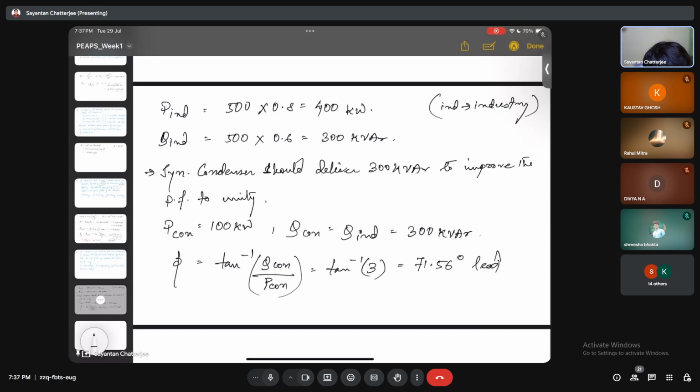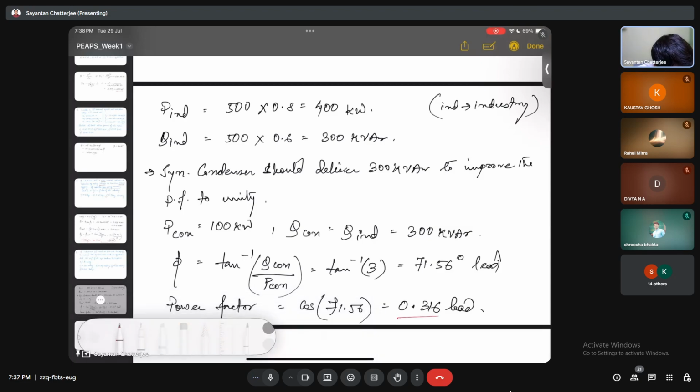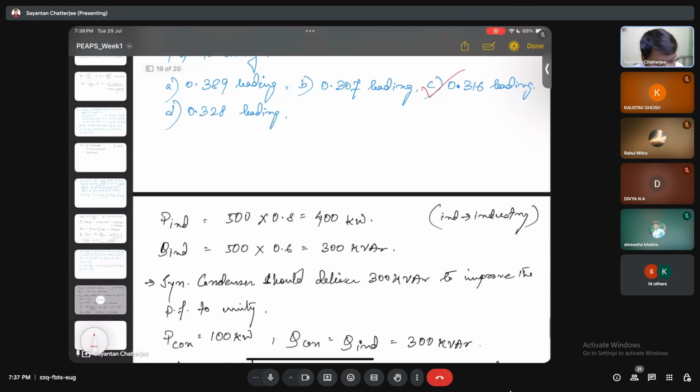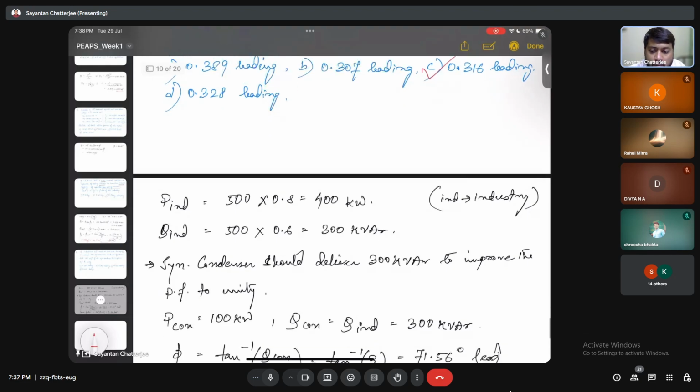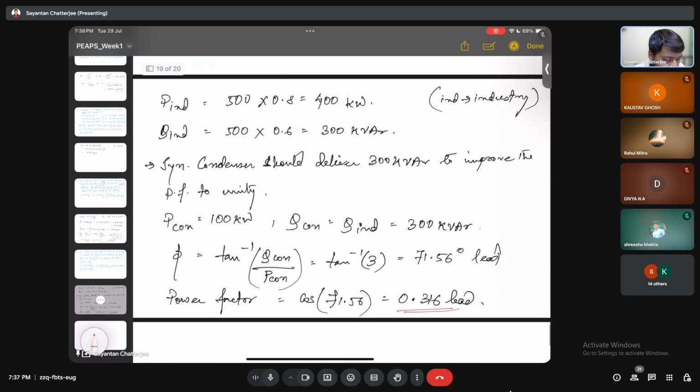The power factor is cos of 71.56, which gives 0.316 leading. So as rightly calculated, this is the answer. I guess this is clear.